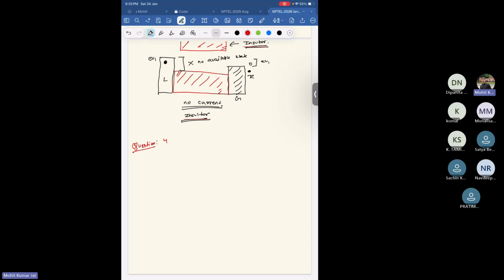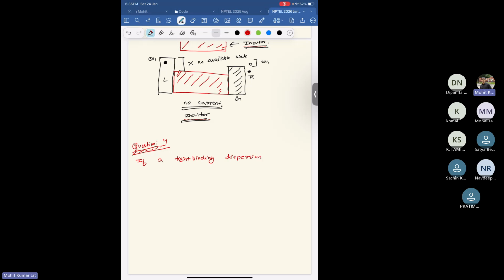Okay. Now, if this is clear, I will take a quantum mechanics question based on group velocity. Let's say a tight binding dispersion is given.